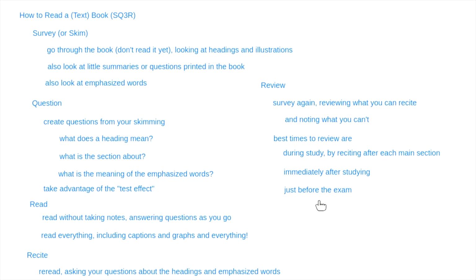This section on reviewing, Higbee says, applies to lecture or reading notes as well as to textbooks. So when you take your notes, there are two possible benefits. One is you are encoding, right? You're putting the material in your own words in order to write it down. And that helps because, again, you're connecting with ideas, you're engaging with the material.